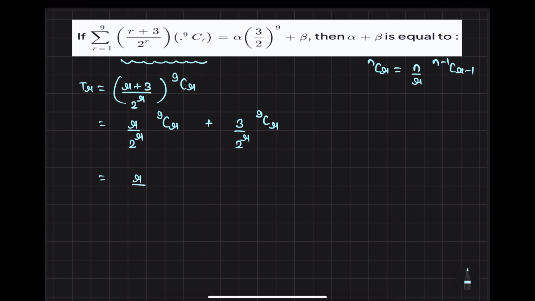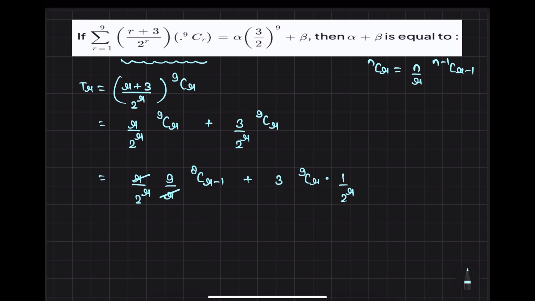So r by 2 power r, 9 by r, 8c r minus 1. Okay, so we will have this thing, then this thing, 9cr 1 by 2 power r. Okay, so this thing is gone.